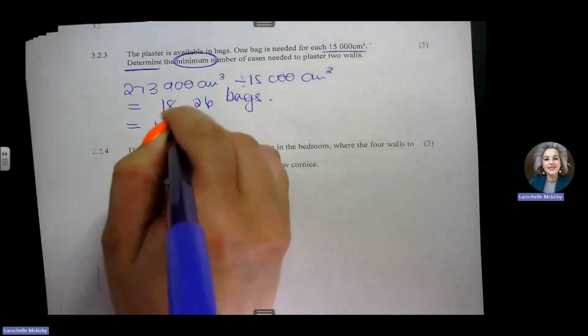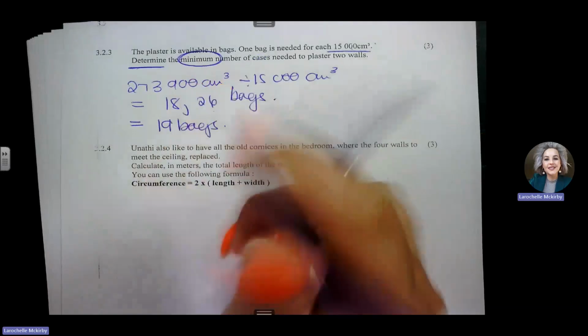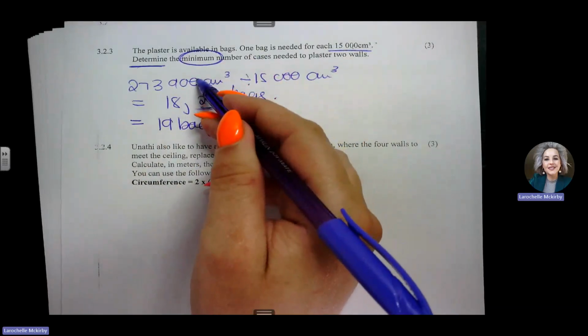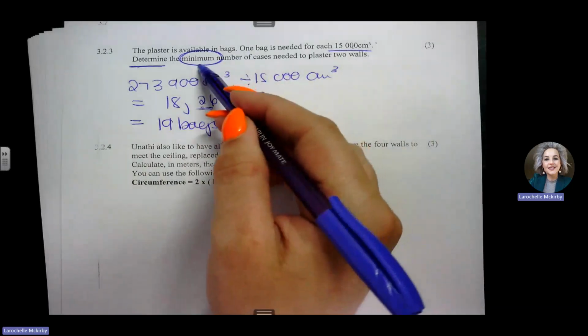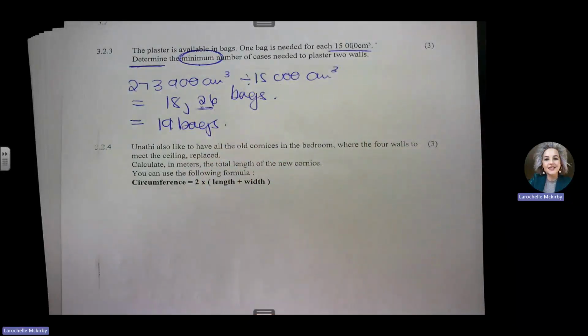Most definitely 19 bags. Because if you buy 18 bags, this is the piece you will be missing. So you won't have enough to plaster the wall. So that will not be the minimum. The minimum is 19. Minimum meaning the least amount of bags, but with you still being able to plaster the wall. Okay.